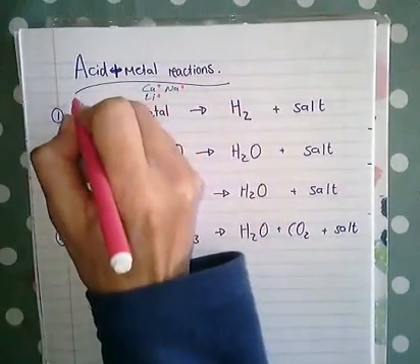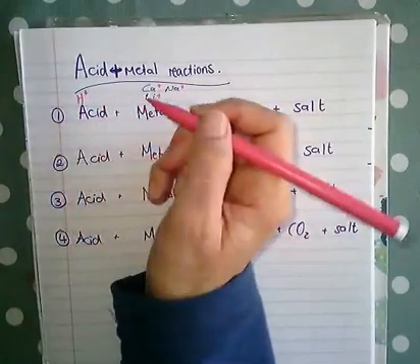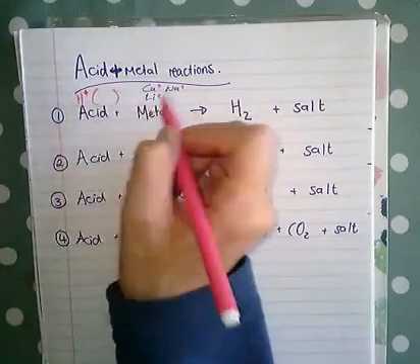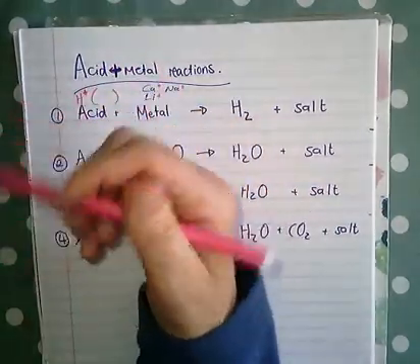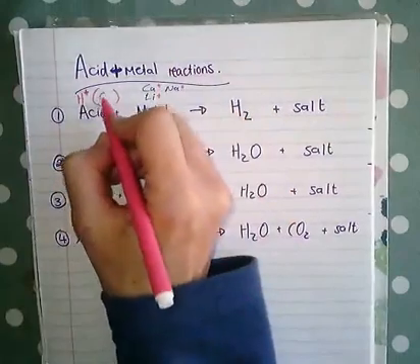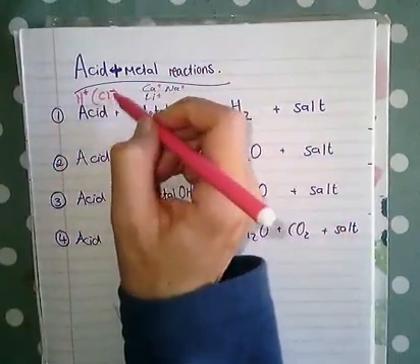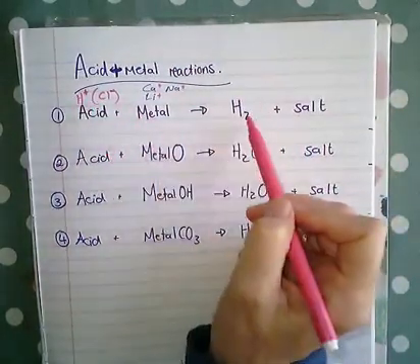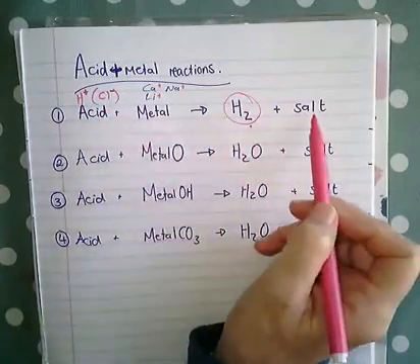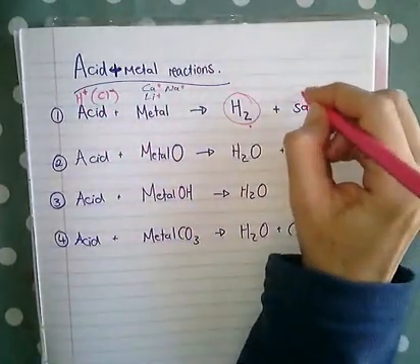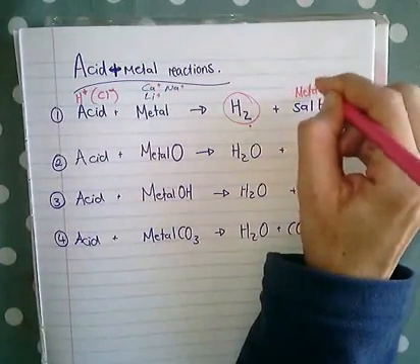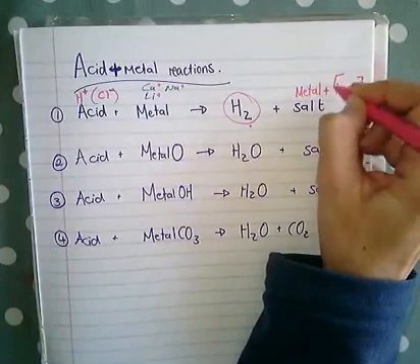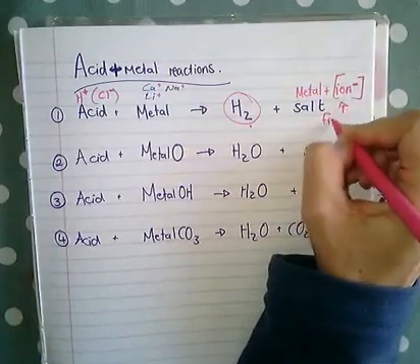That could be HCl or H2SO4 or any negative ion that's bonded to a hydrogen. So that hydrogen is now here, and the salt will consist of the metal plus the negative ion that comes from the acid, so everything in the acid that's not the hydrogen, because the hydrogen went there.